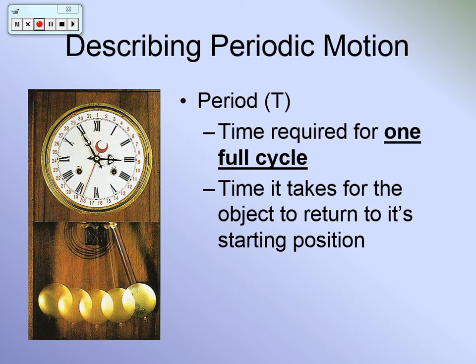So if we use the pendulum, right, if we let it go from back here, it swings forward, it swings back, the time that it takes all the way to get back to the starting spot. So from now to now, right, that's one full period, the time that it takes for that to occur. Okay? Good there?